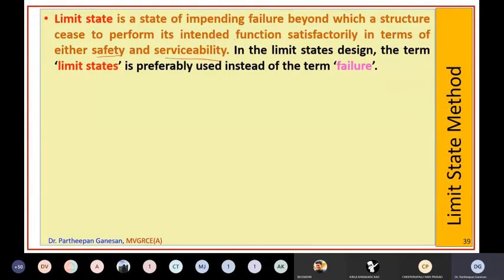Okay, so structure should be safe and structure should be serviceable. If these both limit states are satisfied, then your structure is safe. So this definition is also given in the code. We will see in due time.